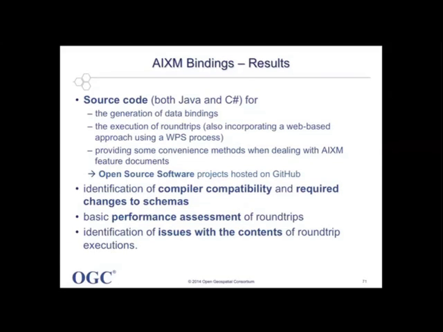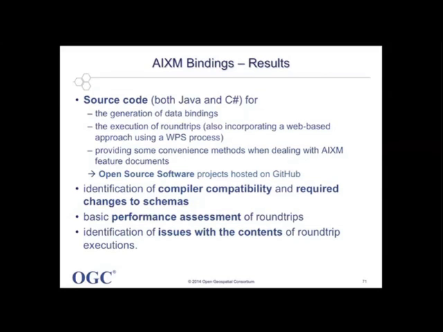and also to provide some convenient methods when dealing with AIXM feature documents, like some language-specific concepts on how to deserialize data. All of this is managed within an open source software project hosted on GitHub, and you can find the links within the engineering report.